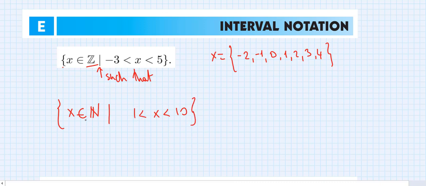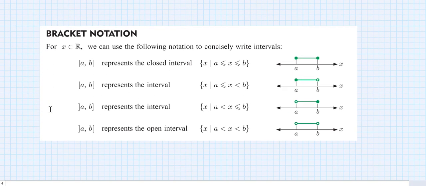What does it mean? The set of all natural numbers x such that x lies between 1 and 10. So pretty straightforward notation. Let's move on and we'll solve some problems.